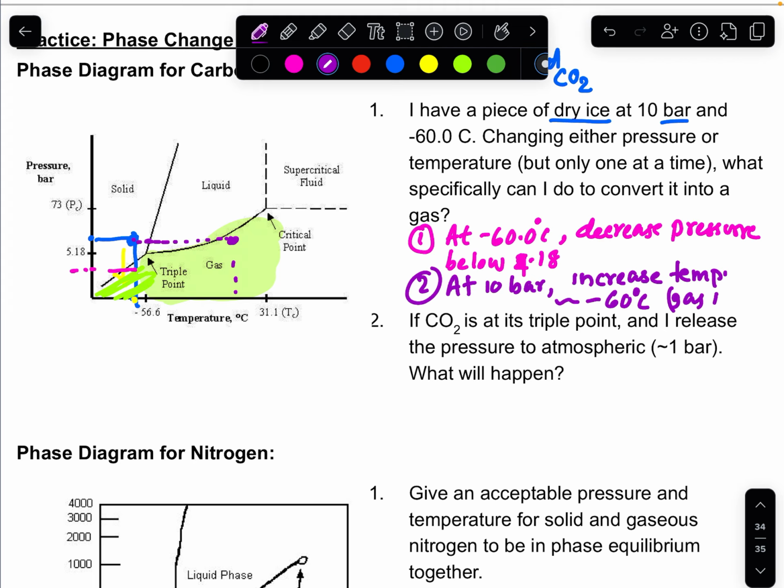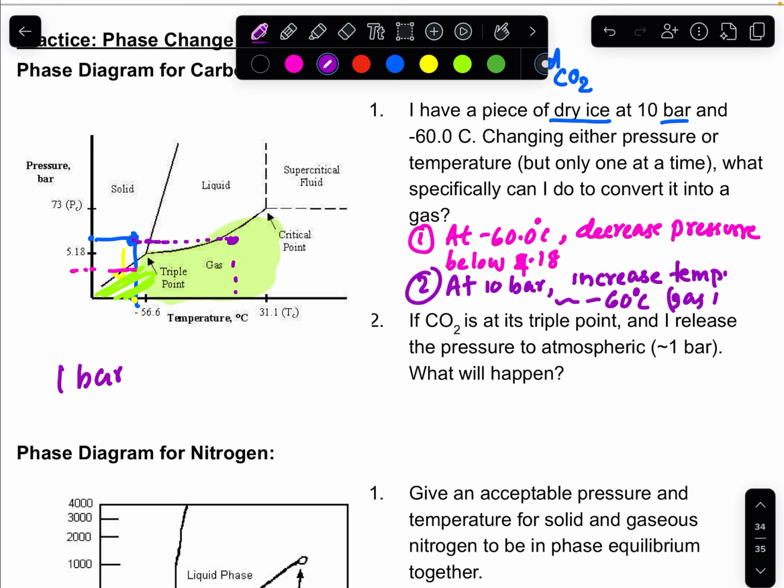So let's see. Carbon dioxide gas was compressed and the pressure is released to 1 bar. Okay, so 1 bar is the atmospheric pressure.